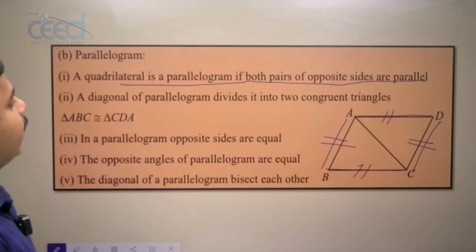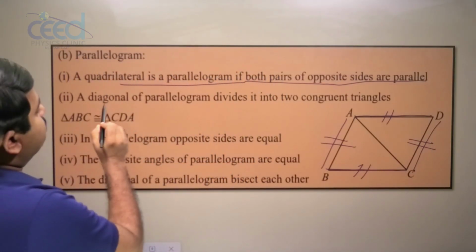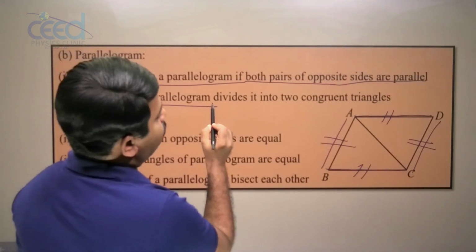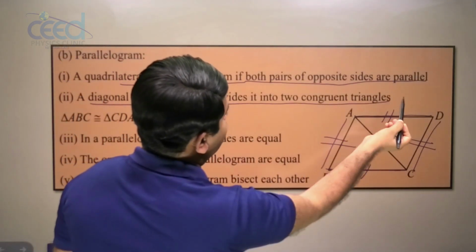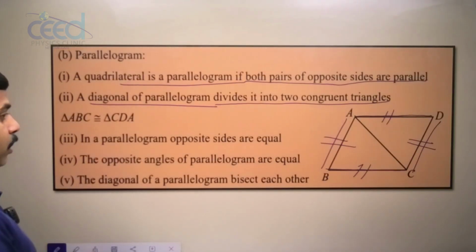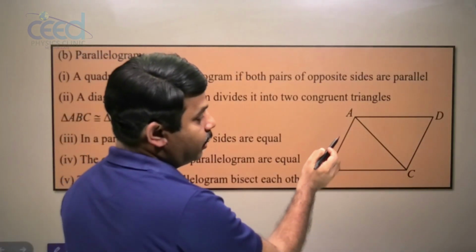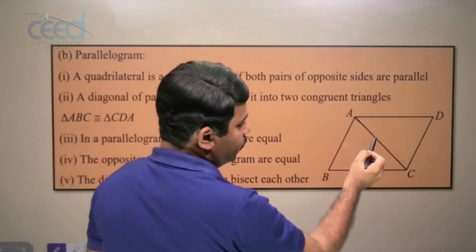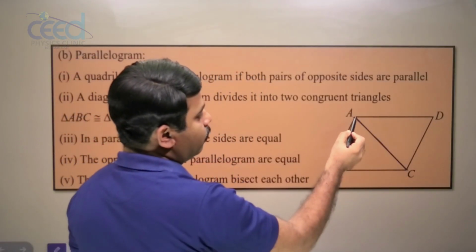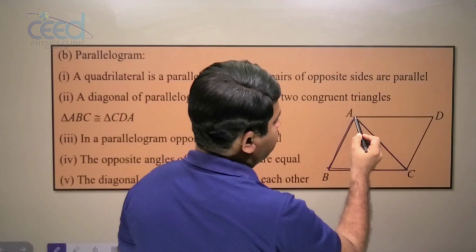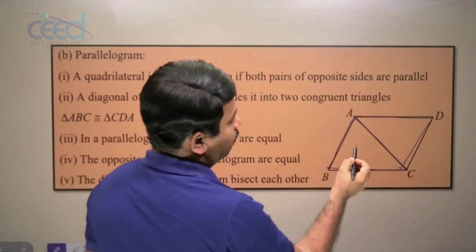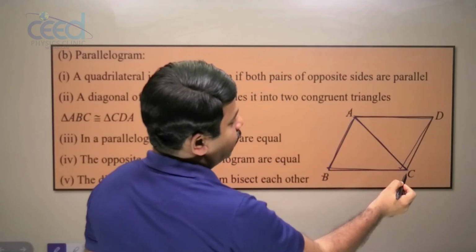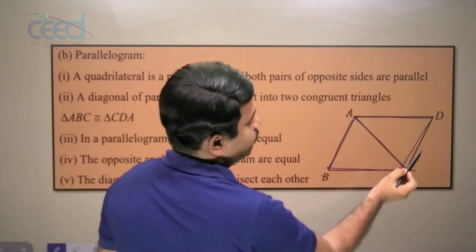The next point is that the diagonal of a parallelogram divides it into two congruent triangles. Look here, we have a parallelogram and this is a diagonal of it. Now you have two triangles, triangle ABC and triangle ACD.